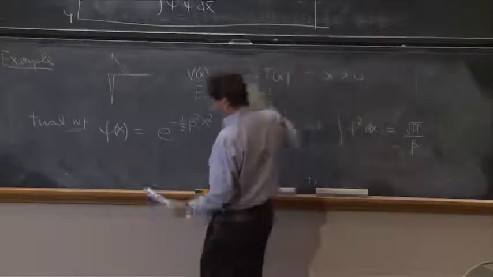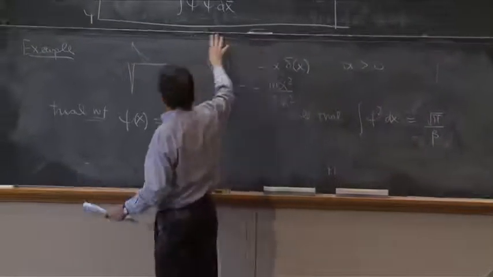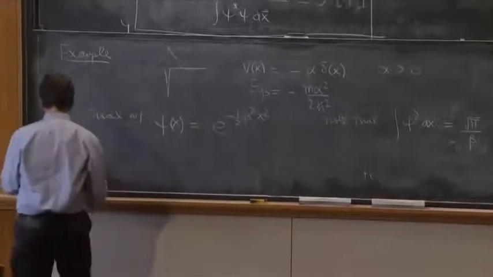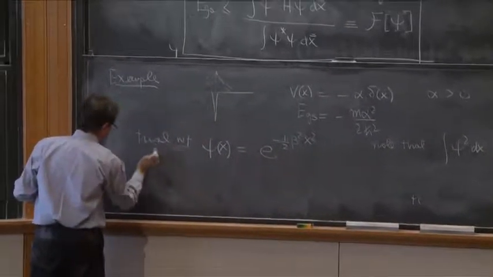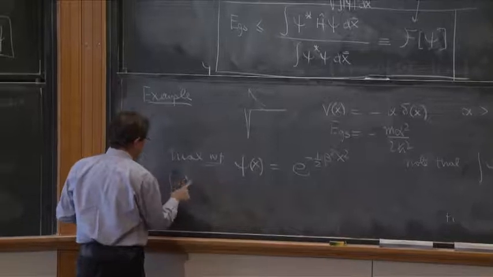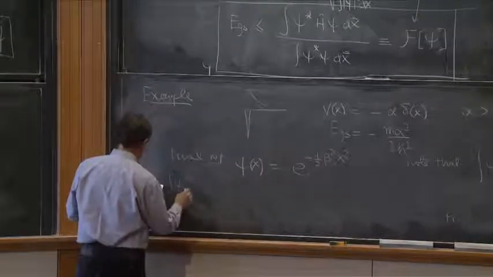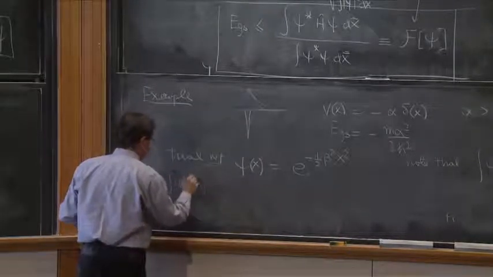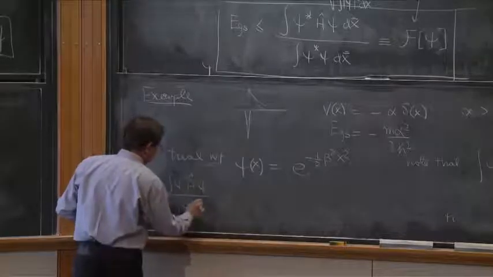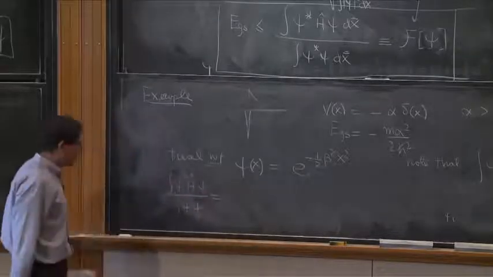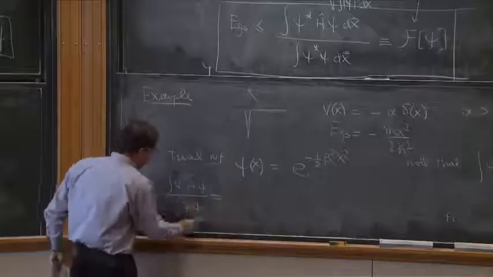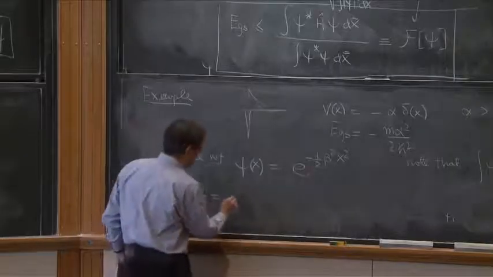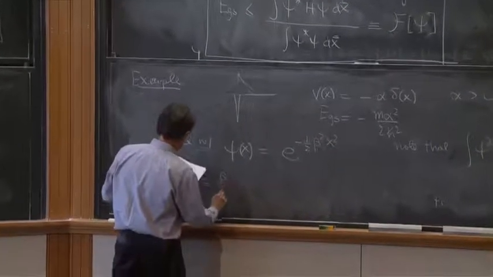So we have to calculate this whole functional: the integral of psi star, well, I don't have to bother with psi star because it's real, H psi over the integral of psi squared. And what do we get? Well, the denominator is easy, so we get beta over square root of pi.